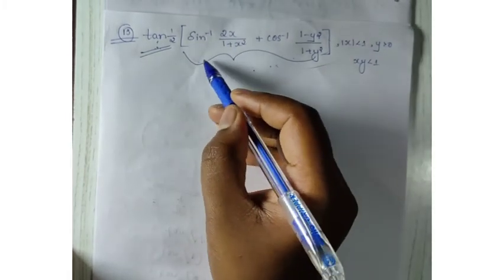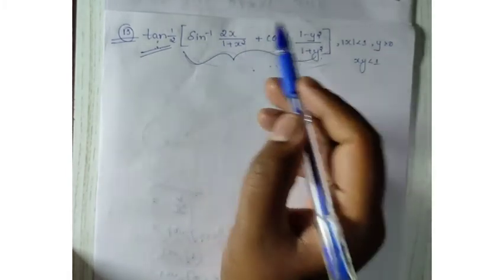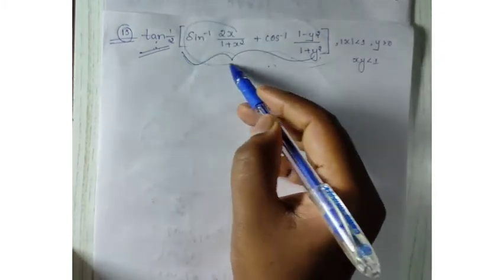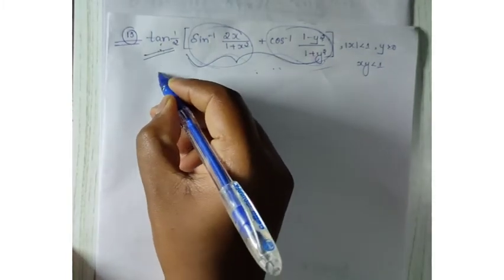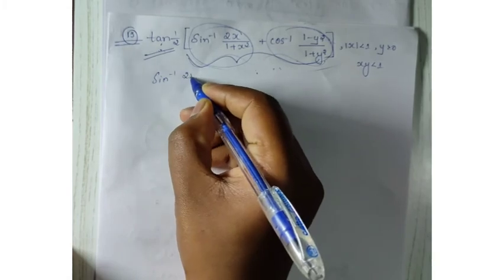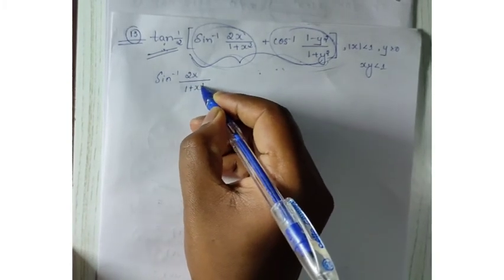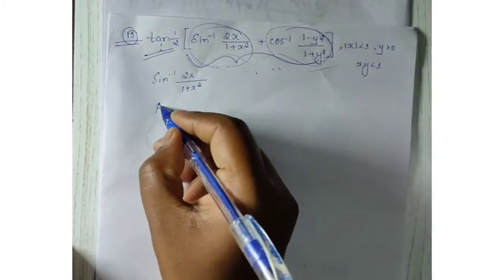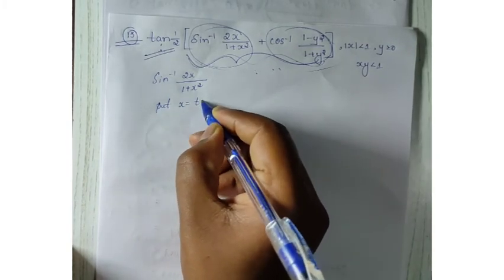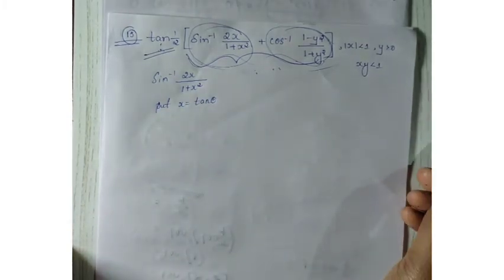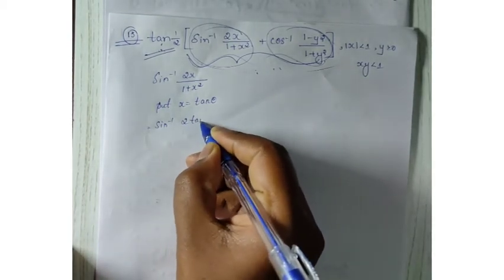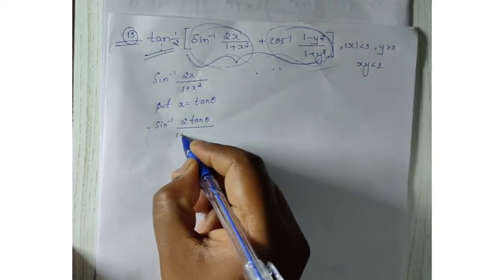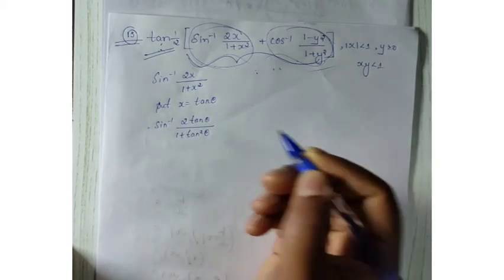Fine. So to solve this, what I'll do is I'll calculate cos inverse and sin inverse separately. So let us solve first sin inverse 2x by 1 plus x square. Here I'll put x as tan theta. Fine. Therefore you'll get sin inverse 2 tan theta by 1 plus tan square theta.